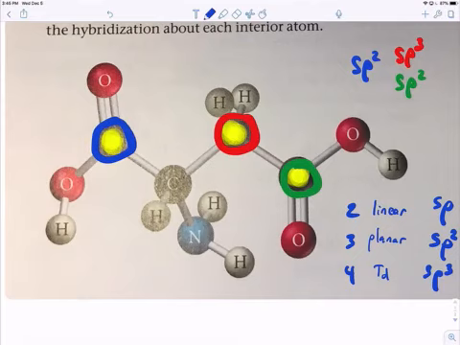So, the blue one here, it has 3 groups. Right, so 3 groups means planar. And this one here, it has 4 groups. Right, so hydrogen, hydrogen, carbon, carbon, so 4 groups. That's tetrahedral. This one here has 3 groups.